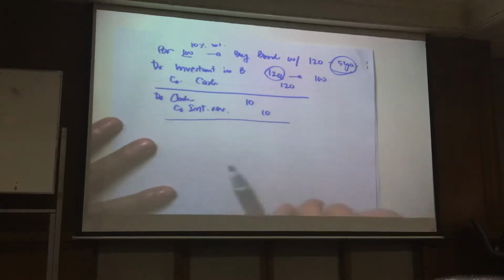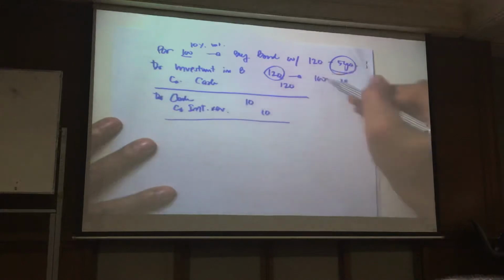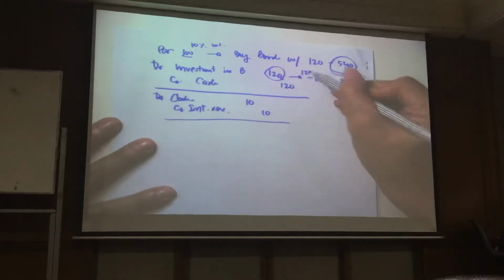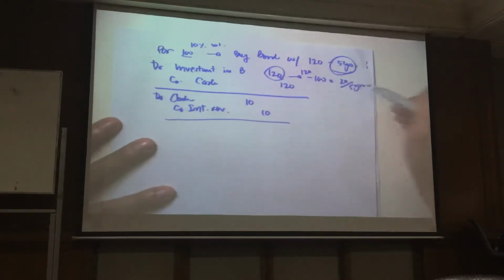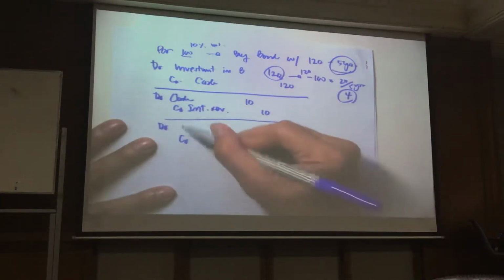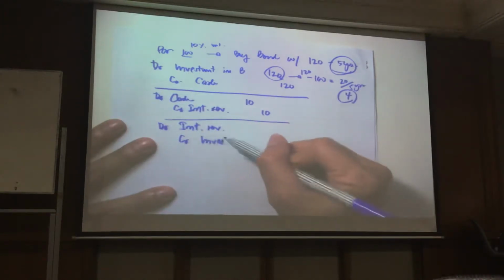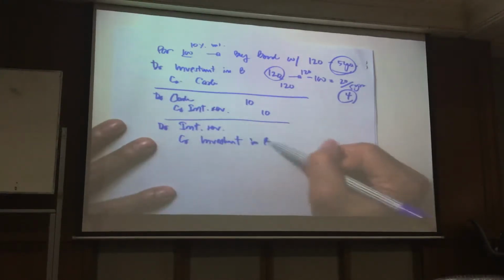Let's say we use straight line, not EIR. So 20, the difference between these two, should be divided by 5 years. Every year you need to amortize 4. By amortizing, you debit interest revenue and credit investment in bond for 4.